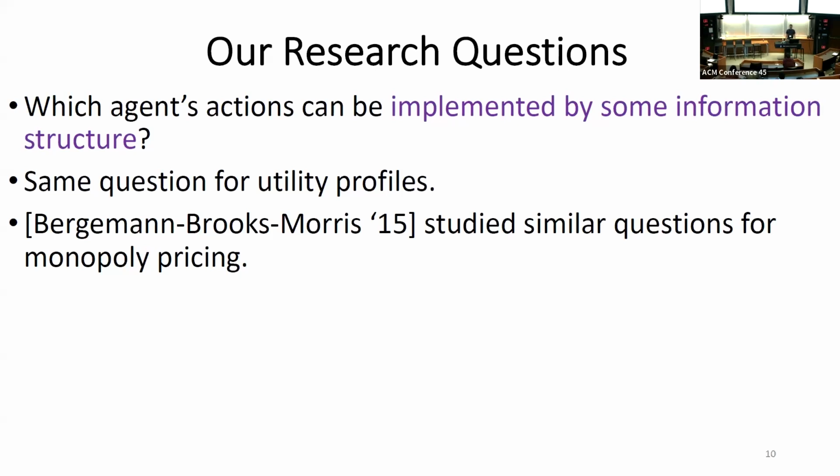Our inspiration was the celebrated paper by Bergemann, Brooks, and Morris on the limits of price discrimination, which studies very similar questions, but in the setting of monopoly pricing. So essentially, we try to do the same in contract design, and even though the methodologies are completely different, our results are actually somewhat similar. We also get a neat characterization for implementability that is based on some very simple thresholds.